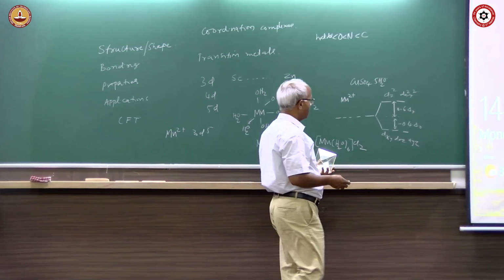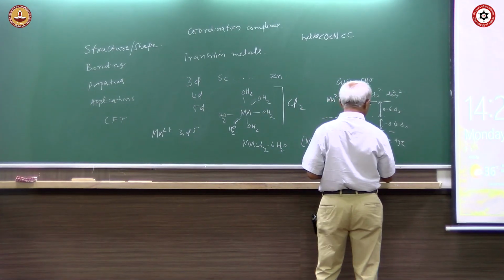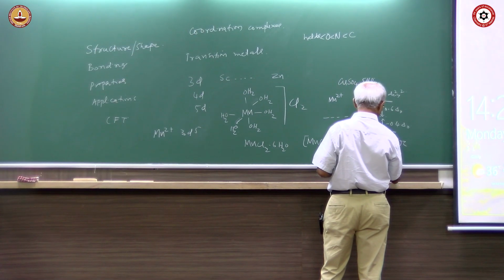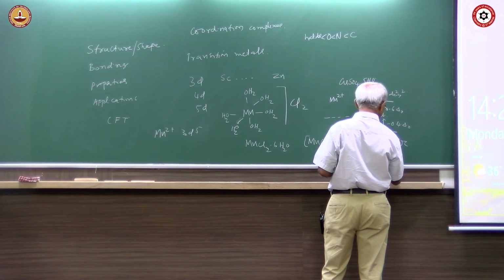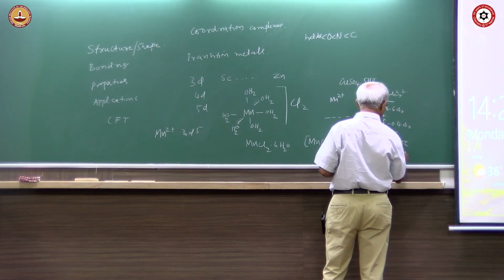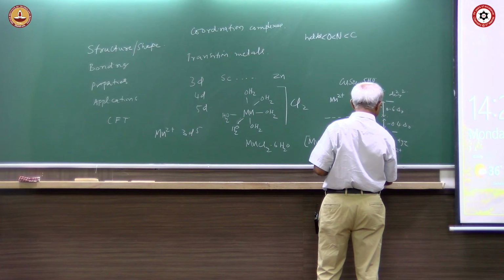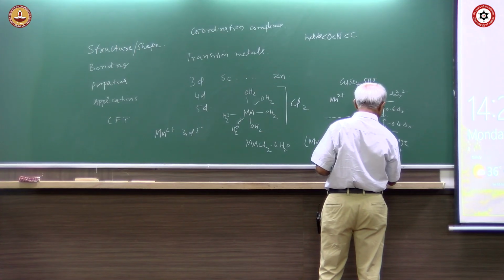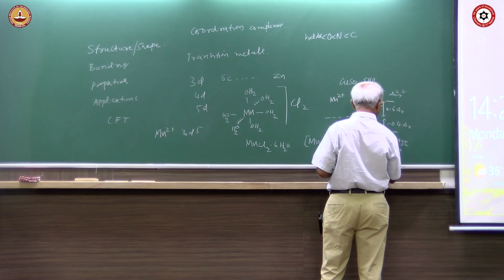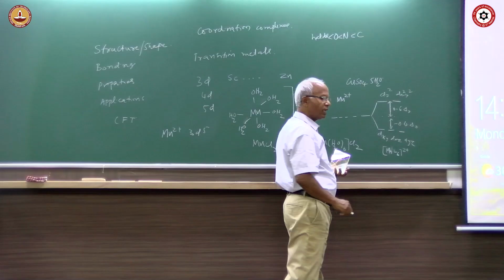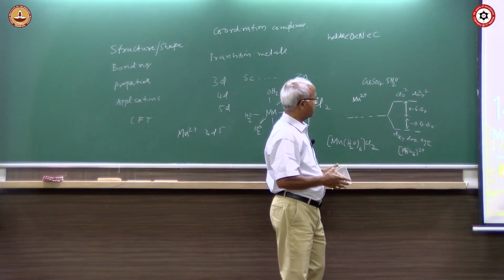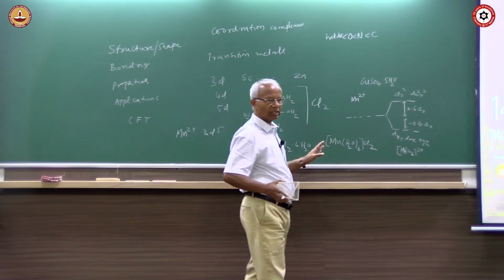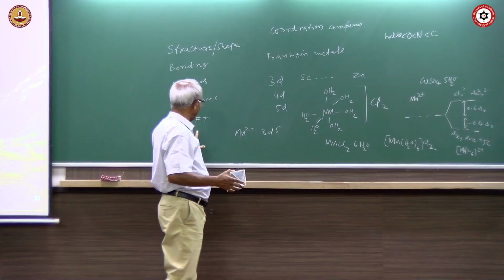But now in the presence of ligand, so this is ML6 where L is here, water. So, 2 plus complex is what we are talking about, M is manganese 2 plus. So, once the ligand is there, there is a field, which I told you about.